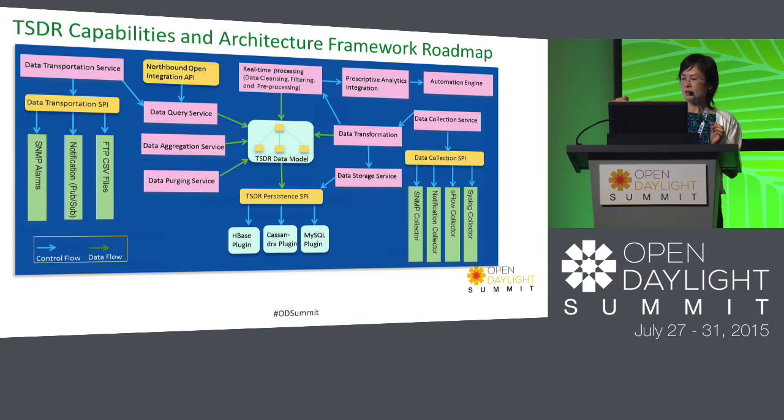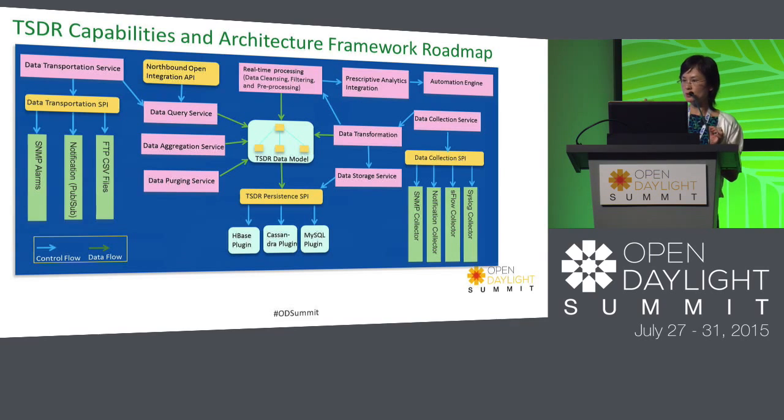The very top level is the real-time processing of the time series data. Before we insert into the data store, and after we get the data and convert it into the common data model, the real-time processing will kick in.